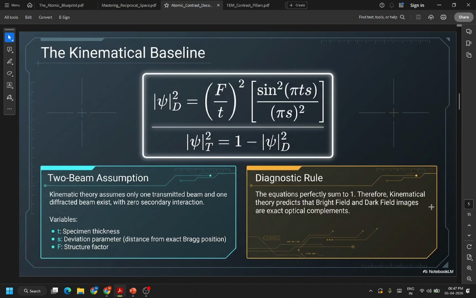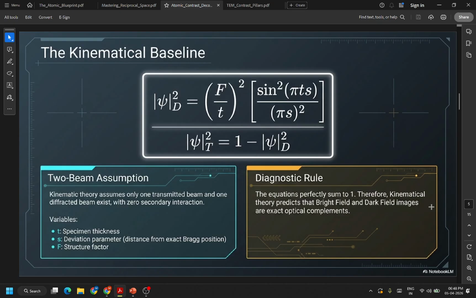In kinematical theory, the baseline is psi d squared equals (pi t / xi g) squared times sine squared (pi t s) divided by (pi s) squared, and psi t squared equals 1 minus psi d squared. It assumes a two-beam case: only one transmitted beam and one diffracted beam exist, and there are zero secondary interactions.